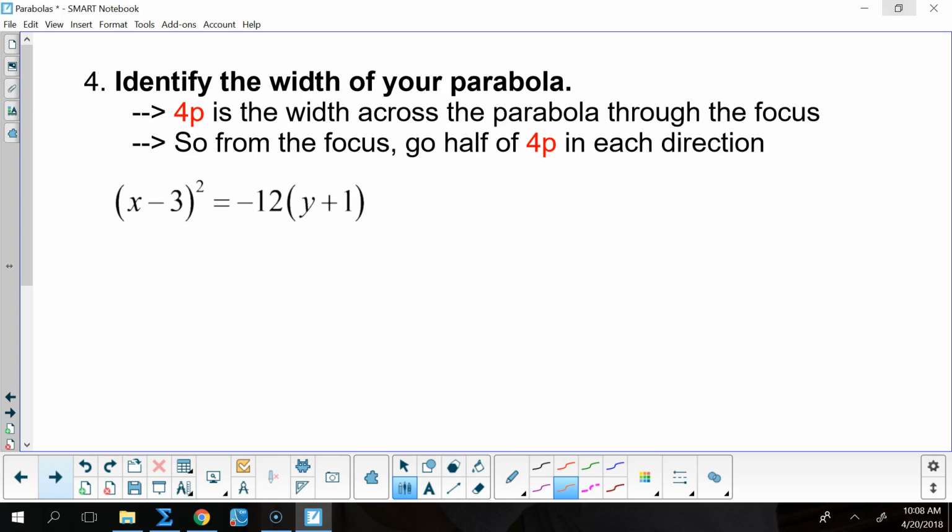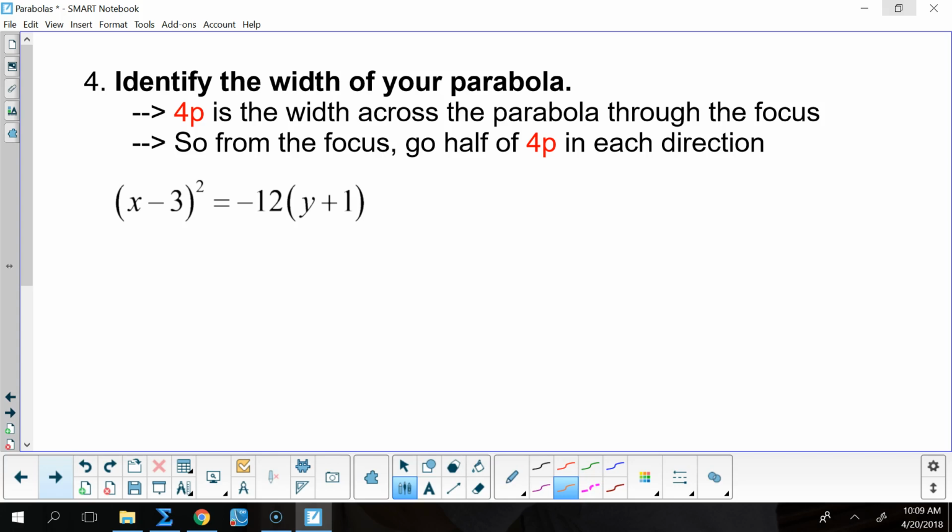Left and right 2, you go up or down 4a. Left and right 3, 9a. Left and right 6, 36a. And you squared however many you went left and right, multiplied it by a, and that's how you went up or down. Okay? So if a was a number bigger than 1, you got a really skinny parabola. If a was a fraction less than 1, you got a really wide parabola.